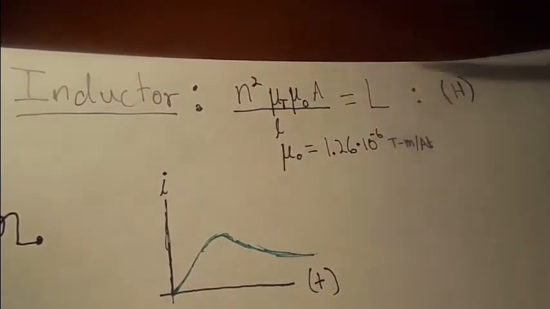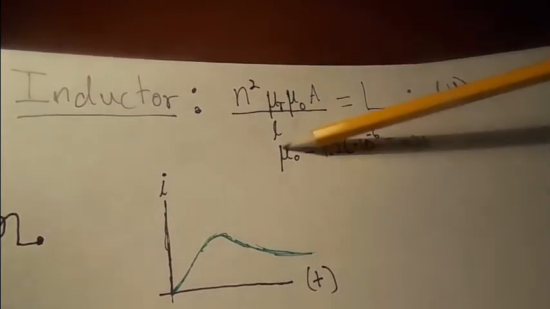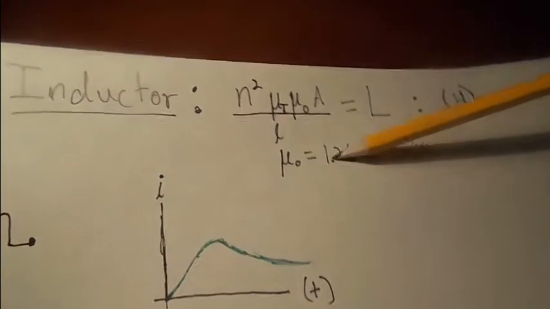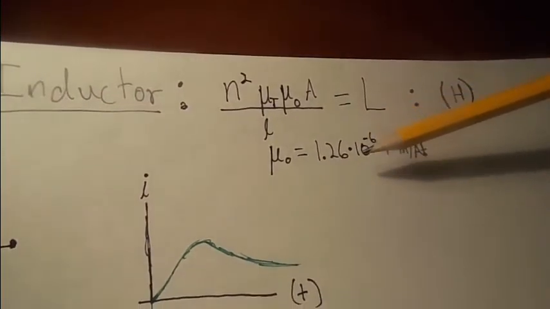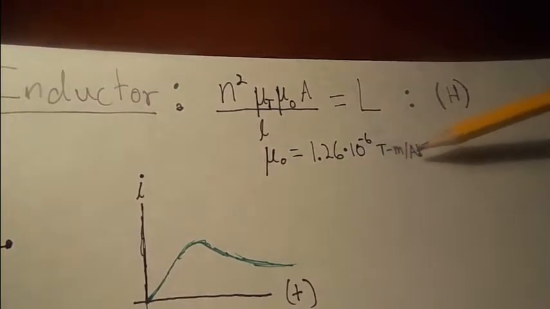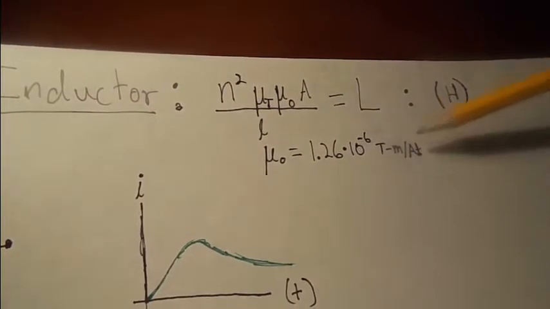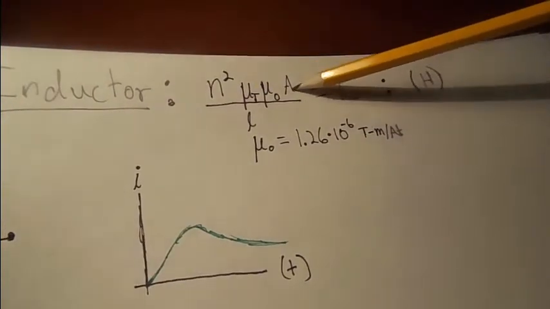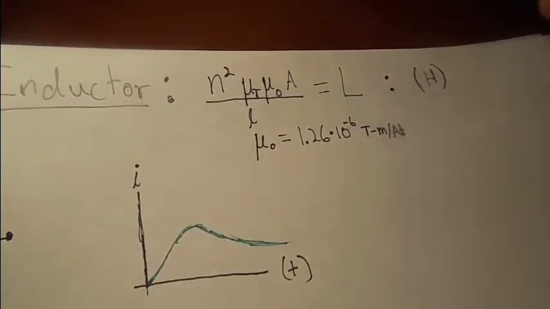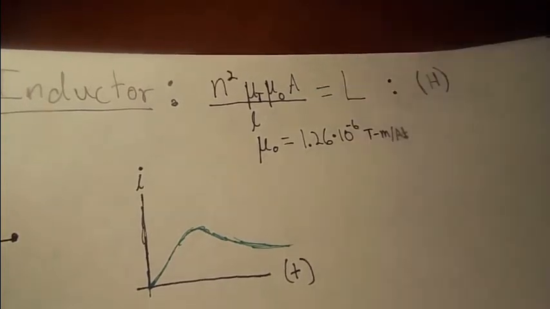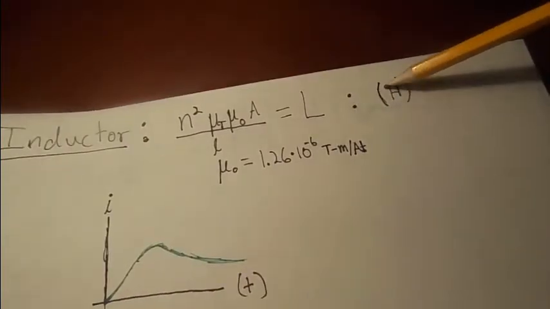Let's say in the loop you put some material in there, this is going to be your permeability, and then the permeability of free space, which is 1.226 times 10 to negative 6 Tm over AT. All times the cross-sectional area between the loops of the coil, over the length of the coil. And we measure these in henries.